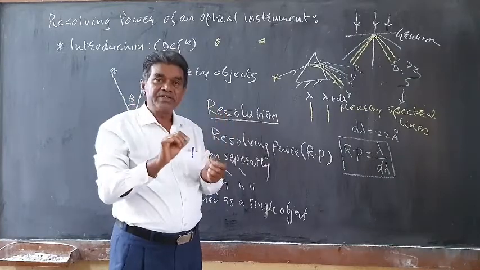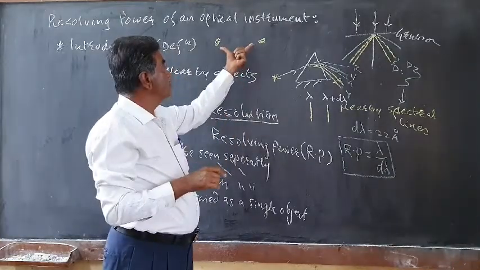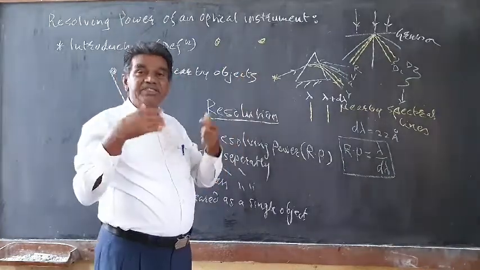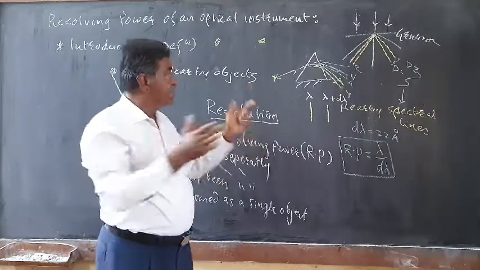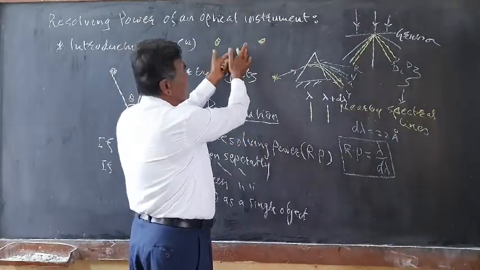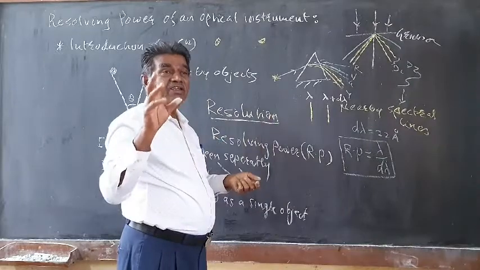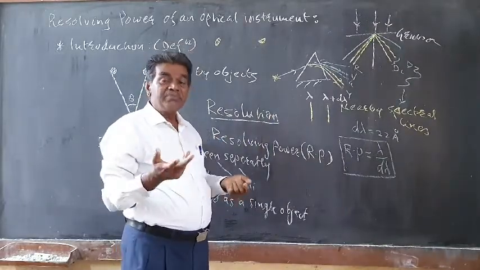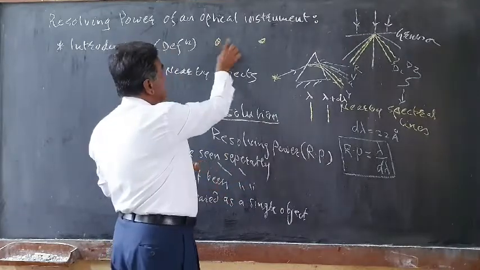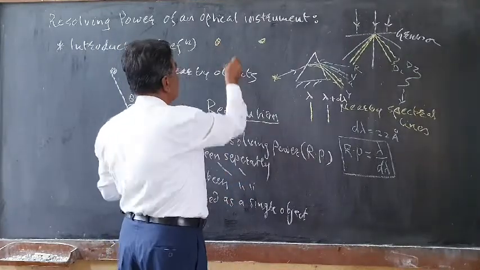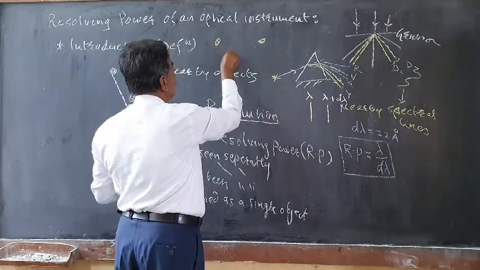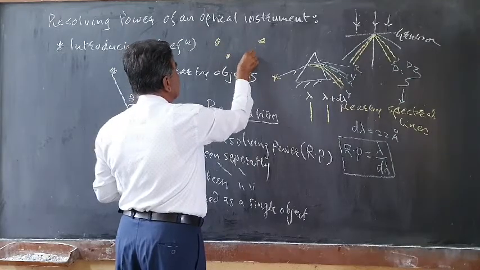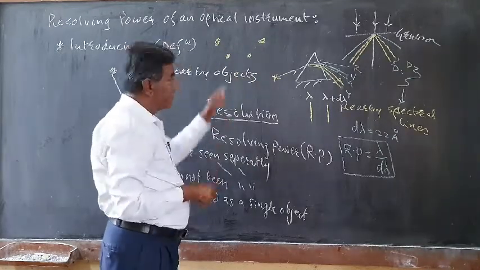There is a limit up to which these two point objects can be seen separately. If we decrease the distance between them further, the two objects appear as a single object. But there is a limit up to which we can see them separately by our eye. If they are farther apart, they are easily seen by the naked eye.